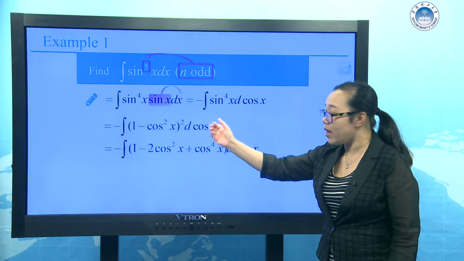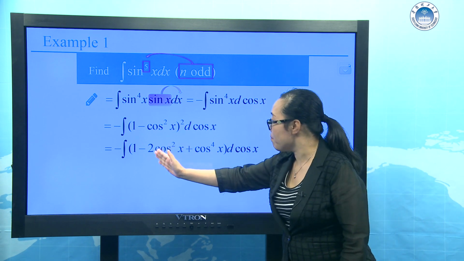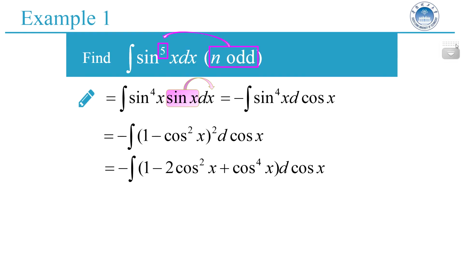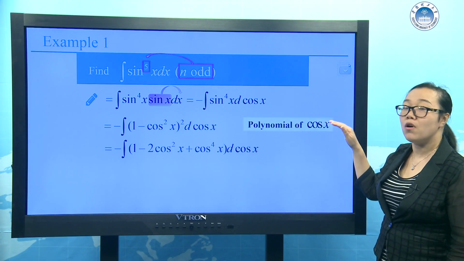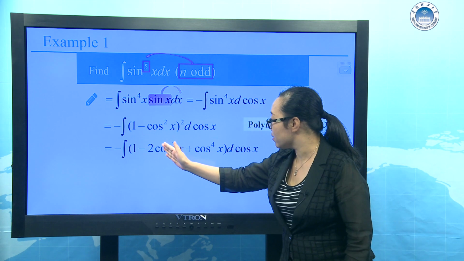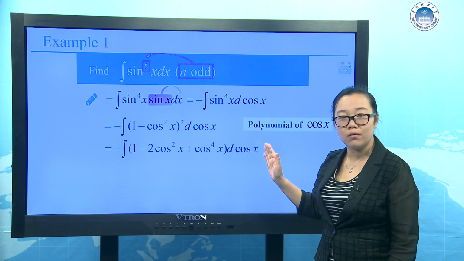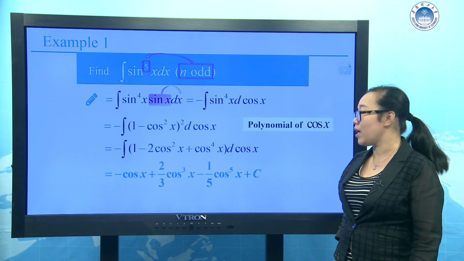So at this time, the integration function is written as 1 minus 2 cosine x squared plus cosine x to the 4th power d cosine x. How to understand that? The integration function is a polynomial of cosine x. So we can write 1 minus 2u squared plus u to the 4th power du and we have the final result.